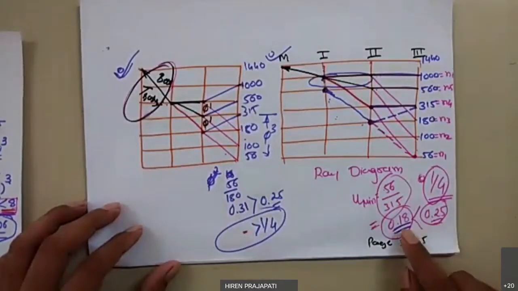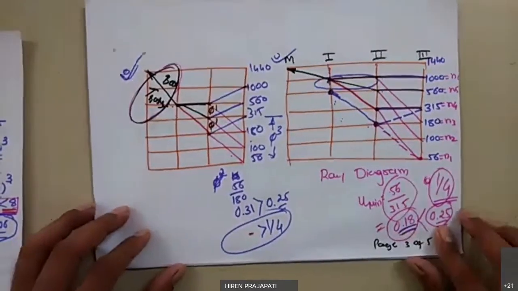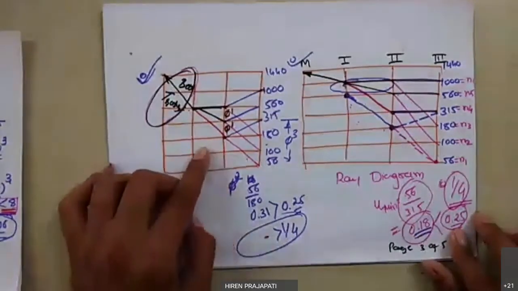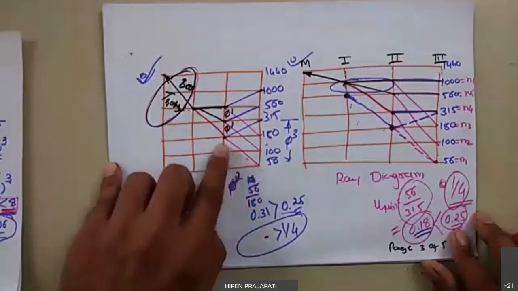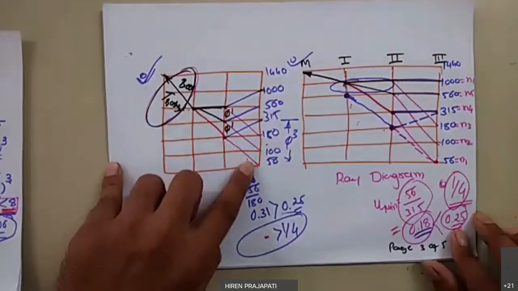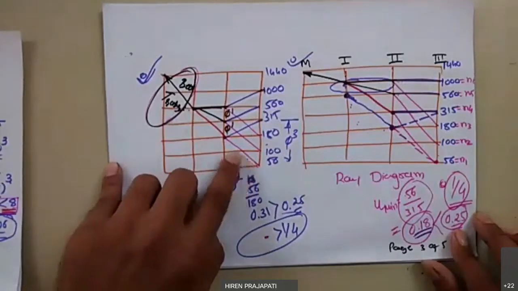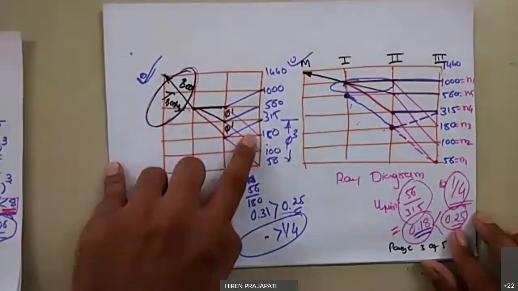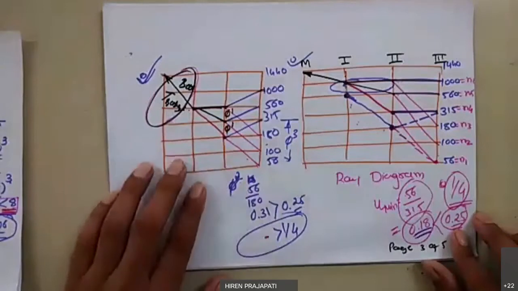So as per the suggestion, we dropped this and moved on to the next possible ray diagram, where we have taken a reduction of 5:2 and an increase in speed of 5:1. So this is the second ray diagram.